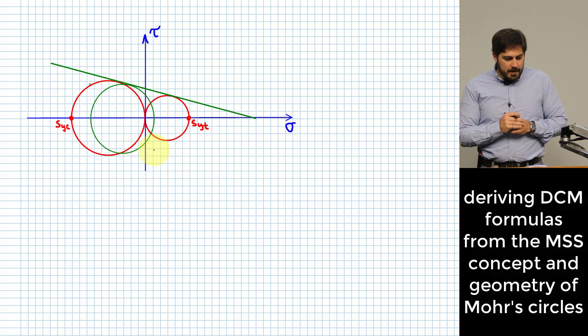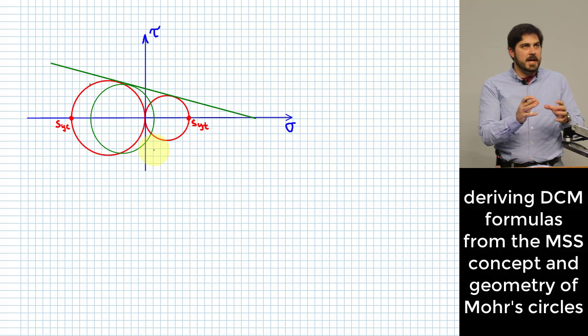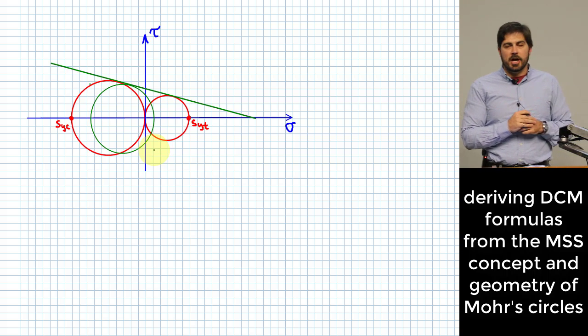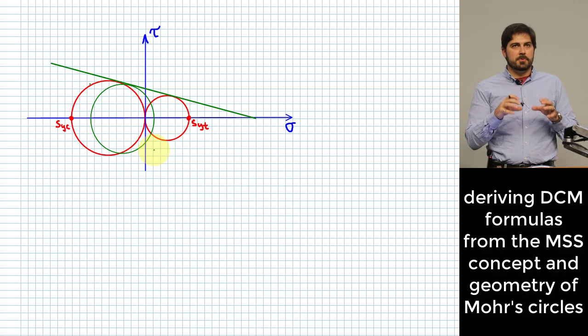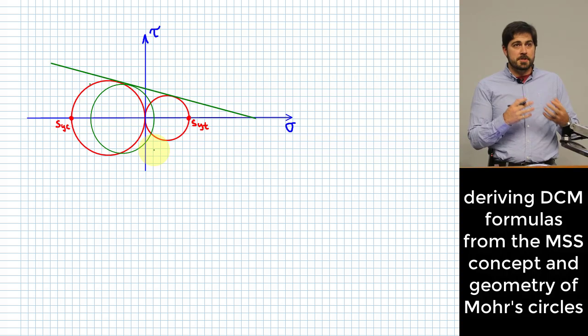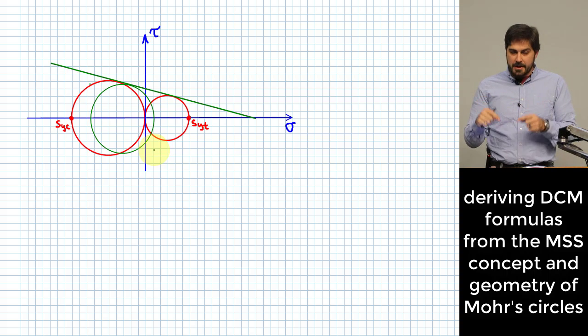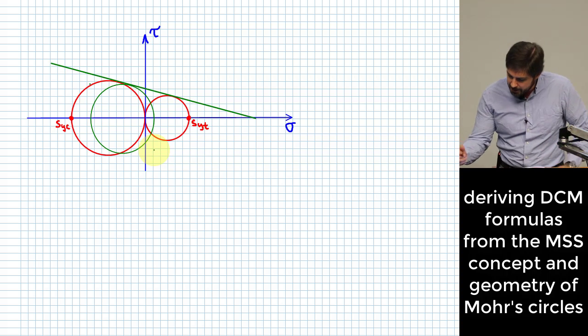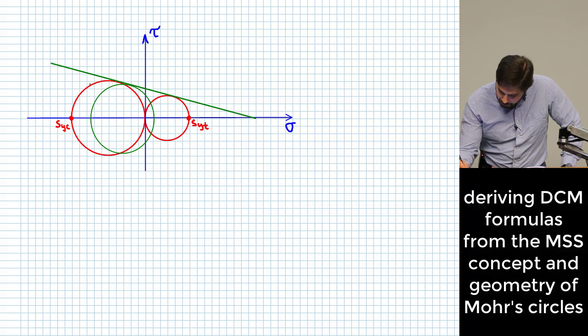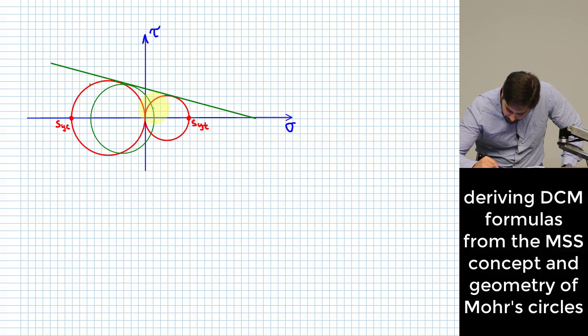All right. And so what we want to do is, for this state of stress, analyze the geometry that we have here so that we come up with an equation that allows us to relate the principal stresses for this arbitrary state of stress. Let me go ahead and mark those on here. The principal stresses are going to be basically here and here, right?